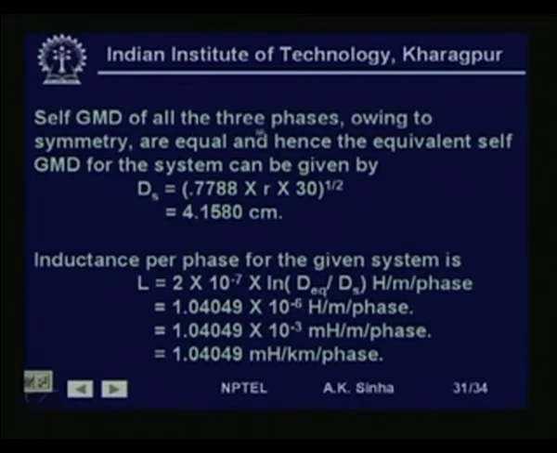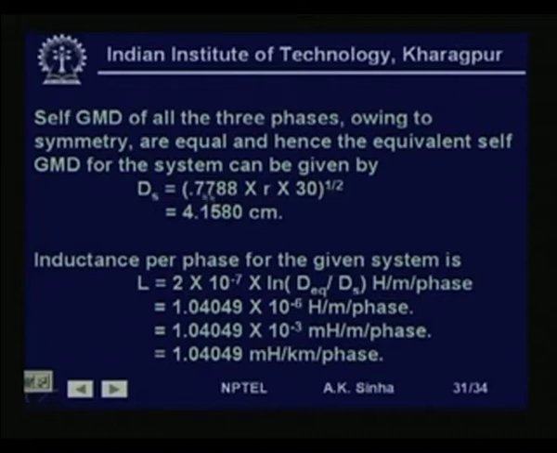Now, the self GMD of all the three phases, owing to symmetry, are equal, that is, each conductor has the same radius and the distance between the two conductors of a bundle is the same, that is 30 centimeter. So, therefore, D_s for each phase conductor is going to be equal to the square root of r dash, that is 0.7788 into r for the conductor, into 30 centimeter, which is the distance between the two conductors of the same bundle.